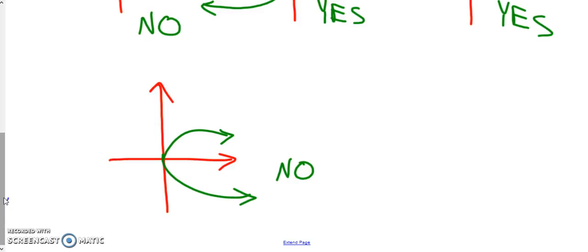Nobody. No one has a clue how to find f of 8. This right here, using a graph.